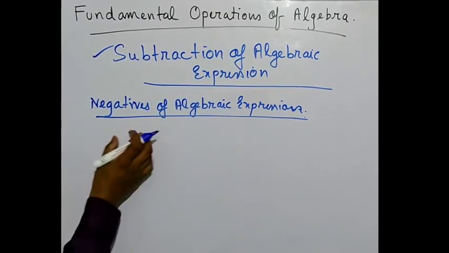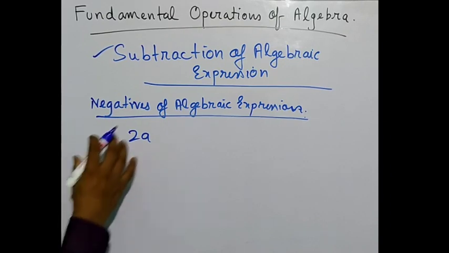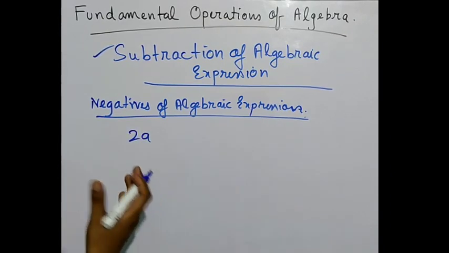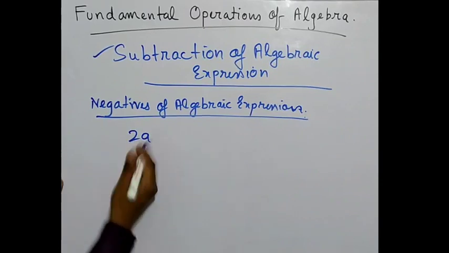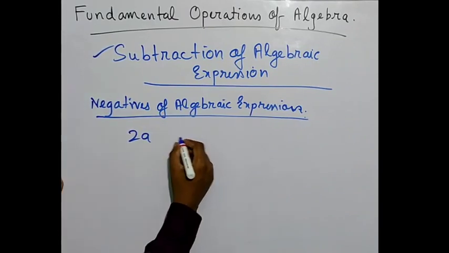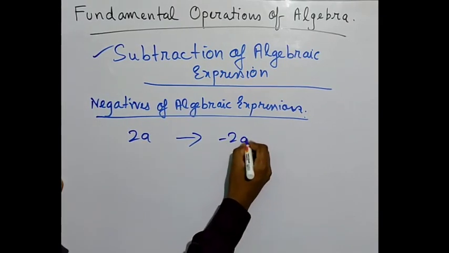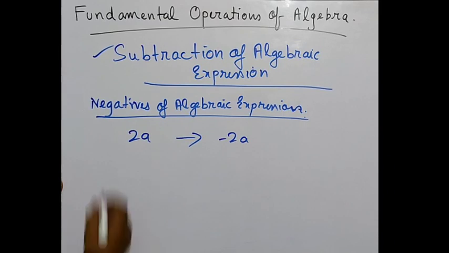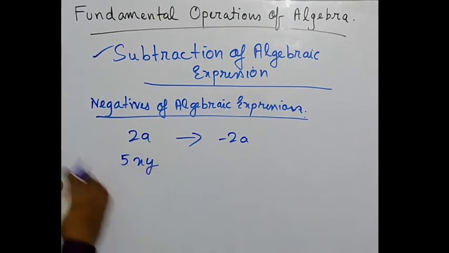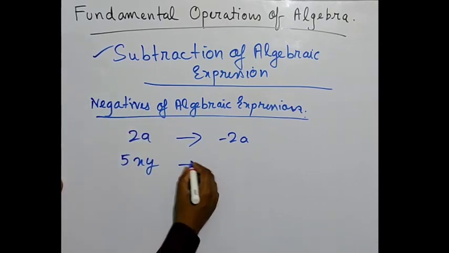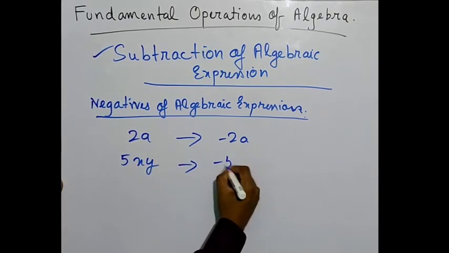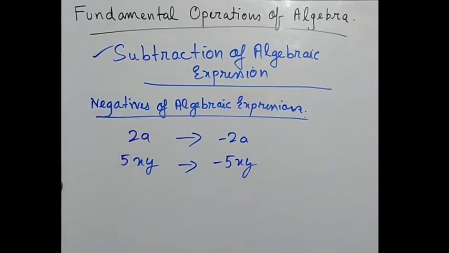So if you are asked to subtract 2a, you will do the opposite, you will add the negative of 2a to that term. So what will be the negative of 2a? Negative 2a, right? If I ask you what is the negative of 5xy, if I tell you to subtract 5xy, then you will take the negative of 5xy and add it. So negative of 5xy is negative 5xy. What is the negative of negative 7b?